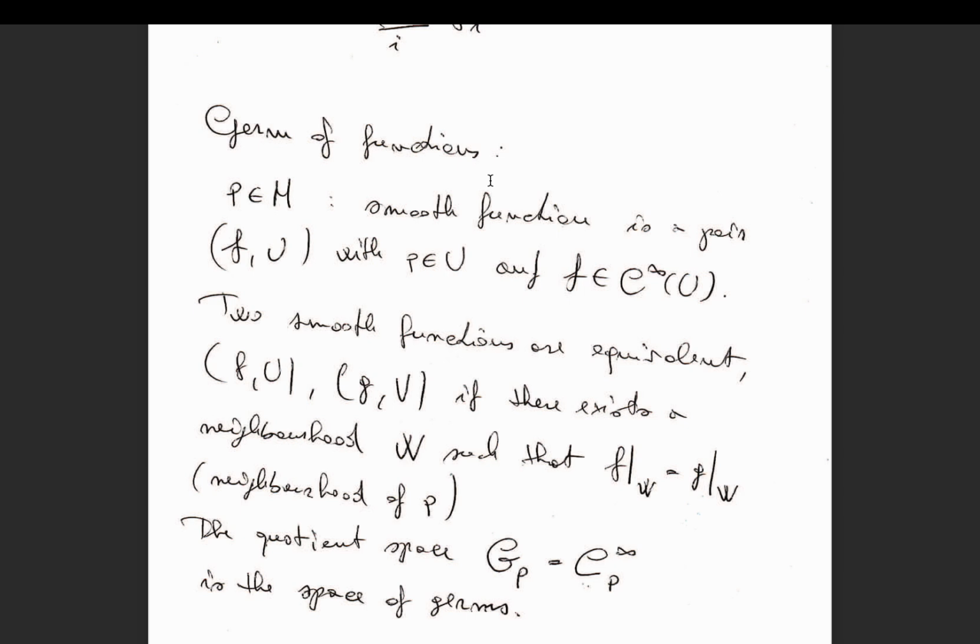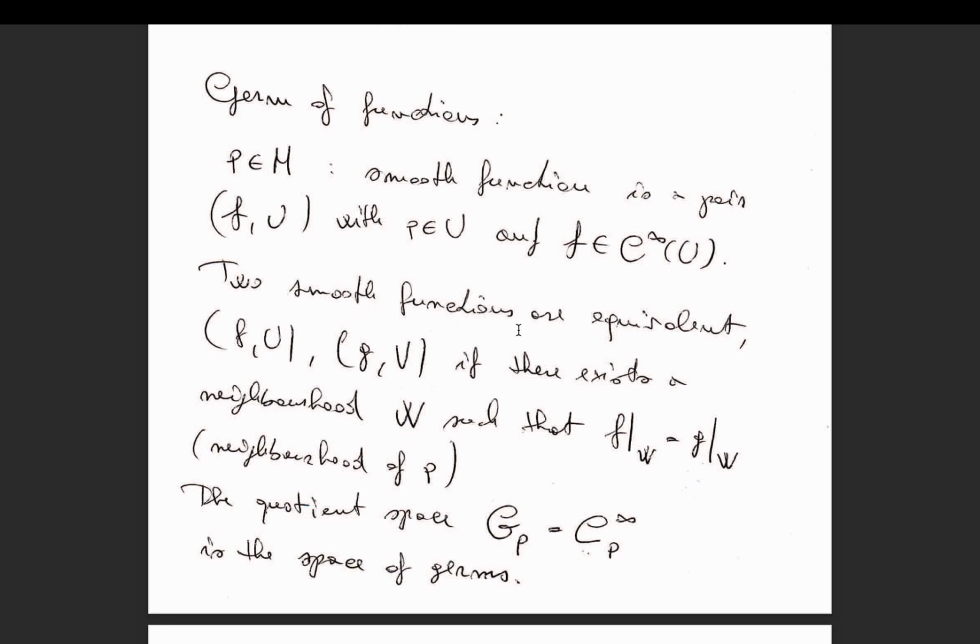By definition we say that a smooth function defined in a neighborhood of a point P belonging to M is a couple (f, U), where U is a neighborhood of P and f is a smooth map defined on U. Now we say that two smooth functions defined in a neighborhood of P are equivalent if there exists a neighborhood W of P such that the restriction of f to W is equal to the restriction of g to W. The quotient space of smooth functions defined in a neighborhood of a point P with respect to this equivalence relation is called the space of germs of smooth functions at the point P.